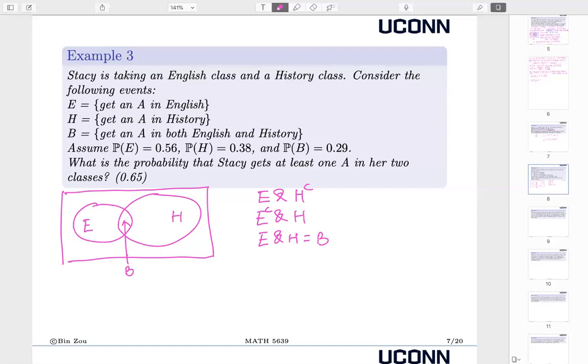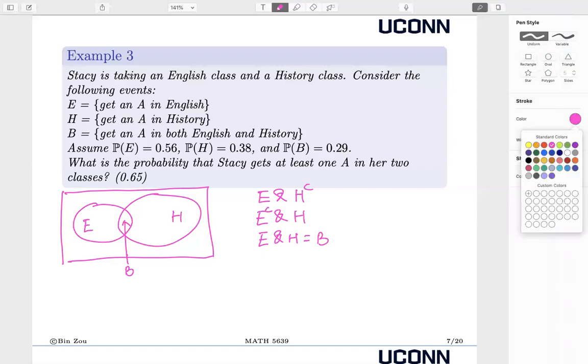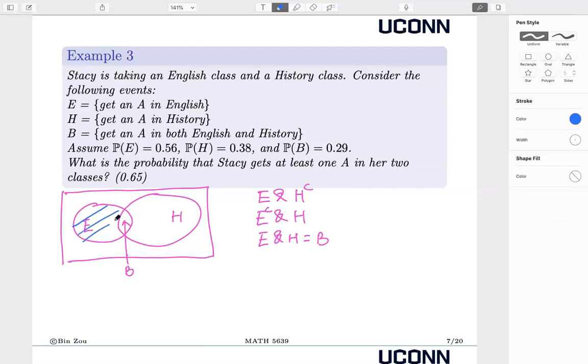So which means, let me use a different color. The first one is this, right? So it's E intersect H complement. The second one is here.